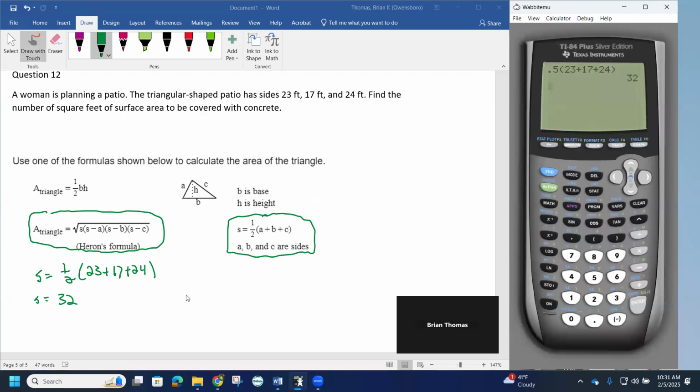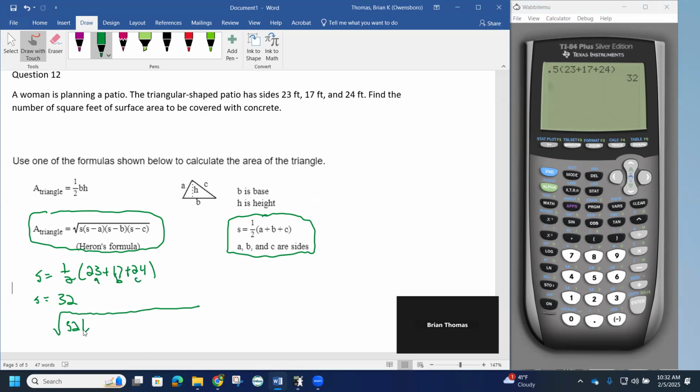Now, the rest of this we have square roots, so that's not something we can do without a calculator at this time. So we take the square root of 32, which goes in for S, times 32 minus A, where A, B, and C are the sides in order.